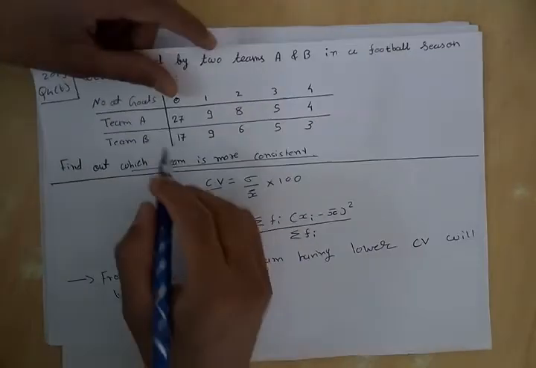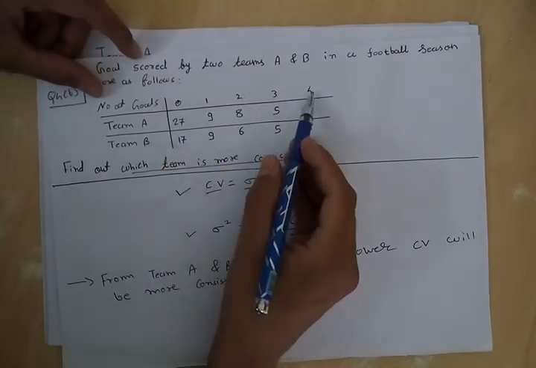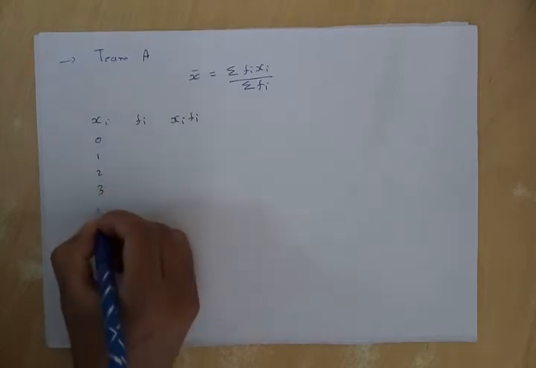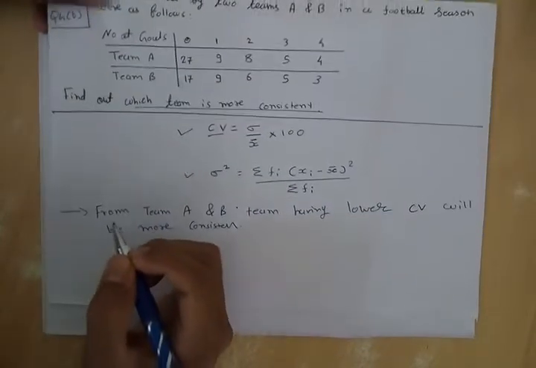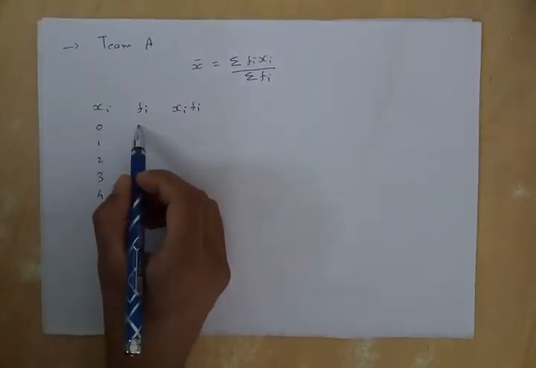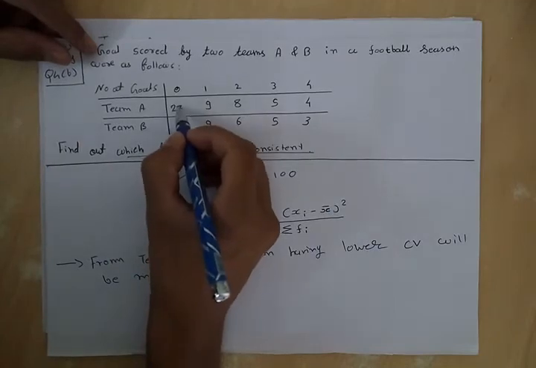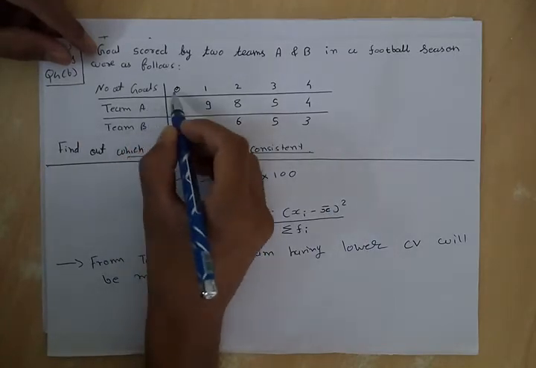So we will write all these goals under the xi column. So 0, 1, 2, 3 and 4. And in right hand side we will write number of matches. So in 27 matches team A scores 0 goal.